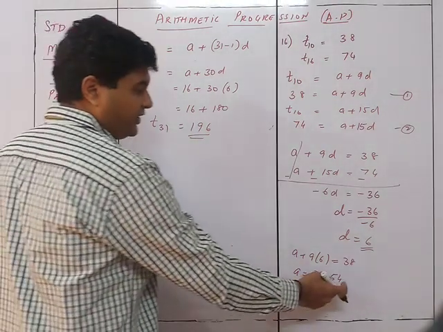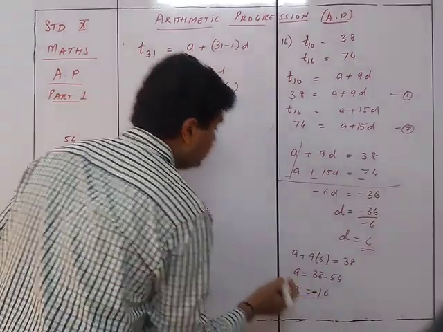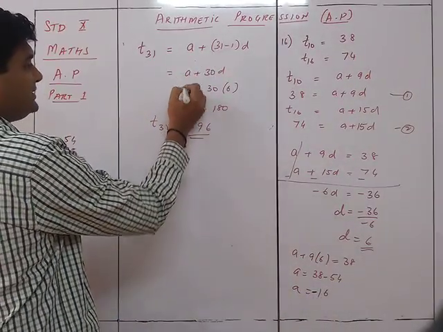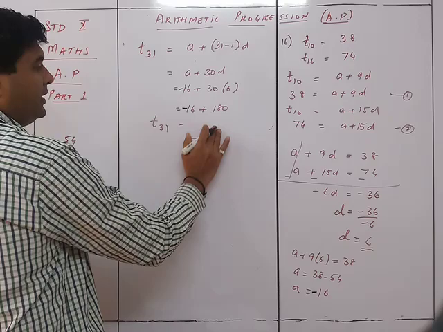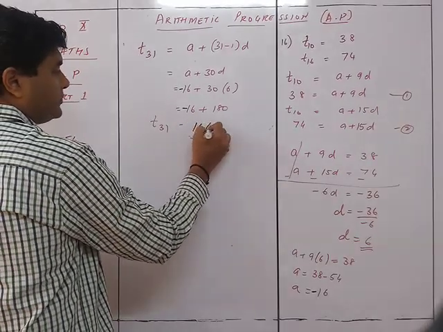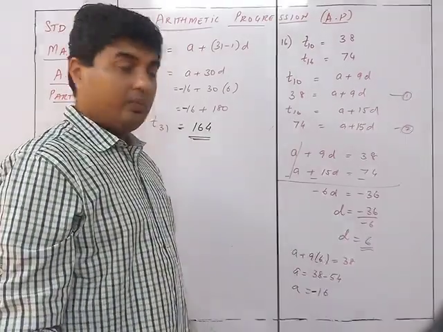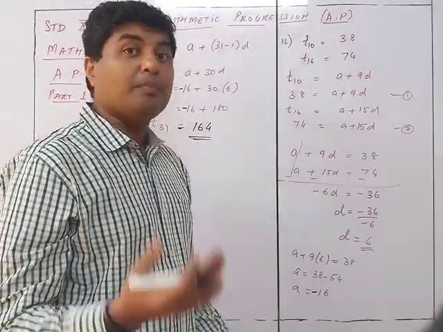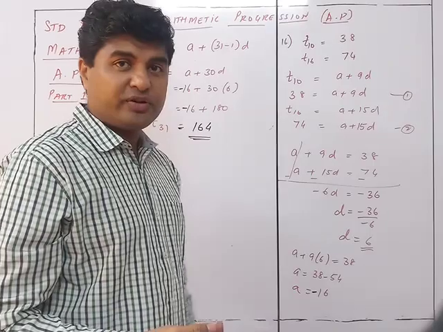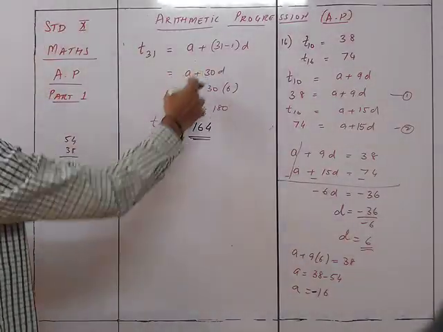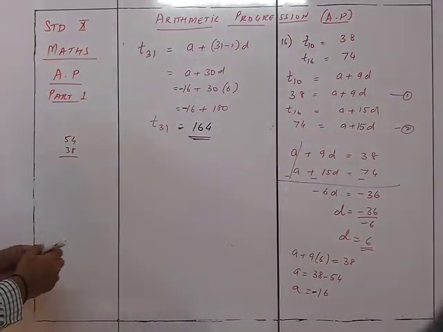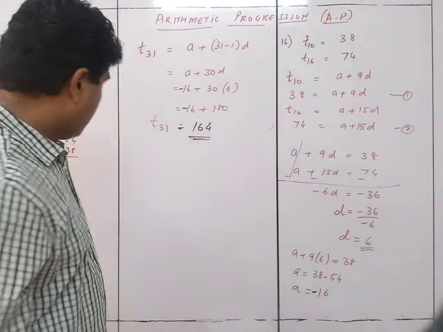It's basically 54, so it's minus 16. Accordingly this will be minus 16, minus 16, so this will give me 164. This is the error that we had made: 38 minus 54 is not 16, it will be minus 16. Obviously 54 is negative, so it is minus 16. So accordingly the answer for the 16 sum will be 164.